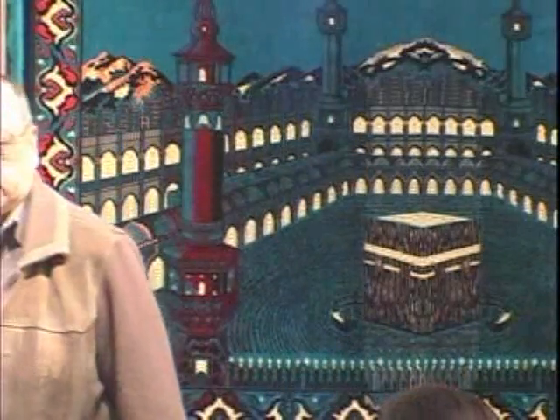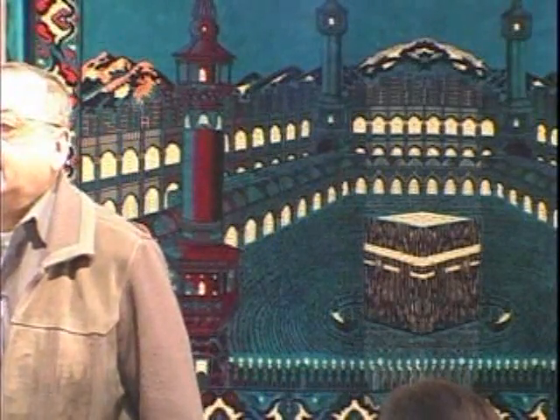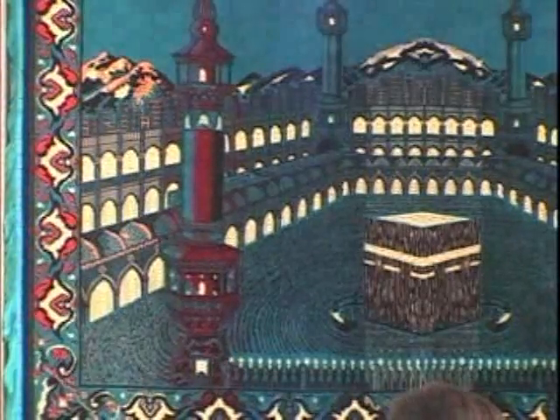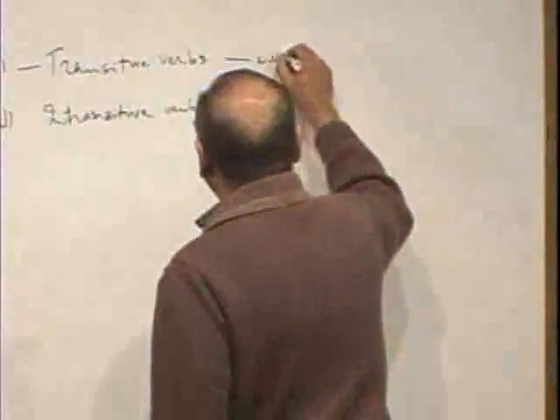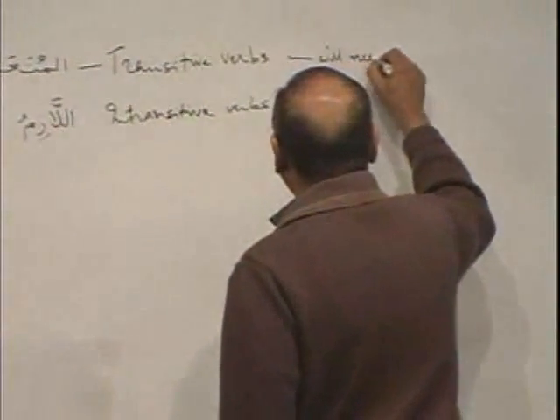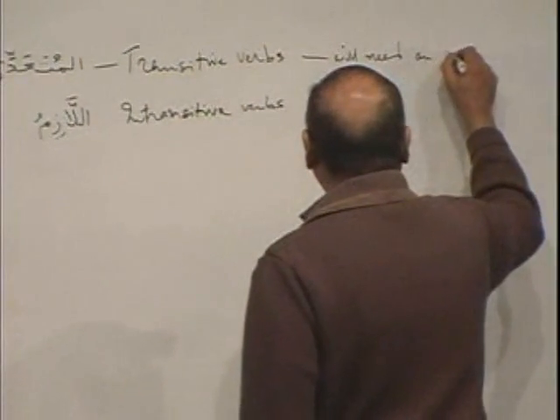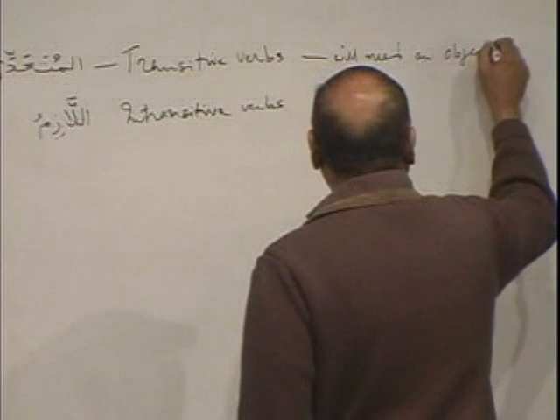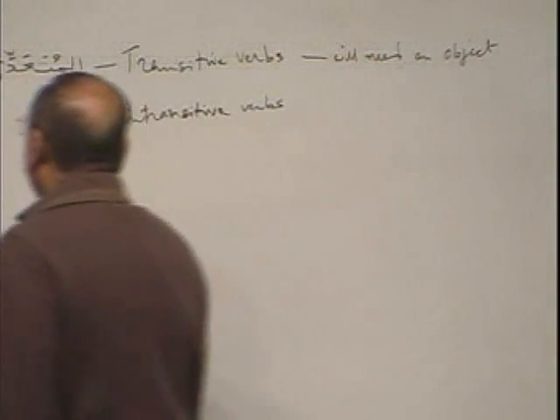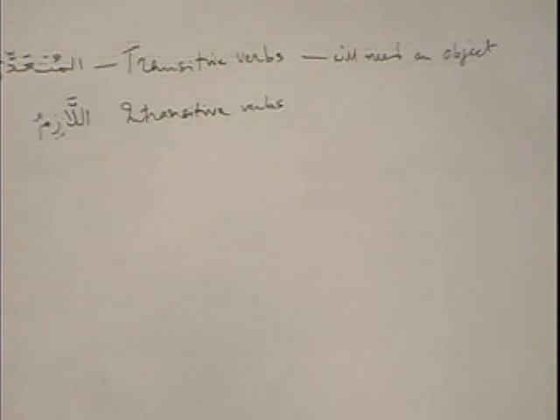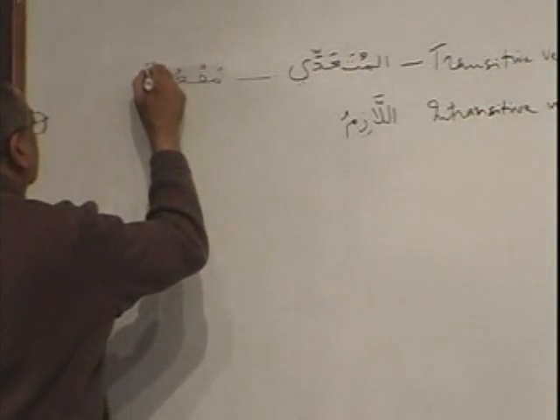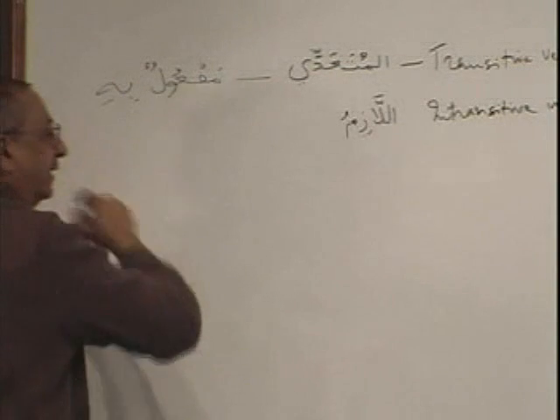Now, a transitive verb, brothers and sisters, will need an object. What do we say in Arabic? It will need maf'ulun bihi.